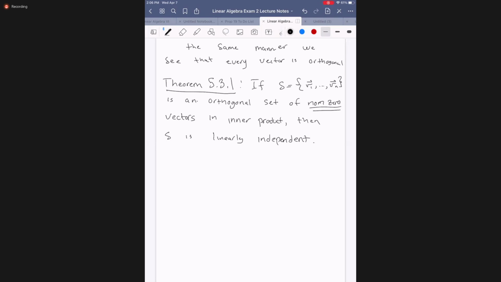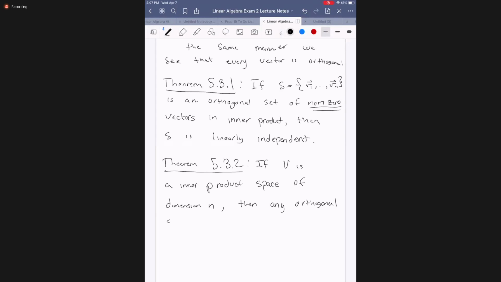But what's more important is the next thing, which is 5.32: if V is an inner product space of dimension n, then any orthogonal set of n vectors is a basis for V, which is a vector space.